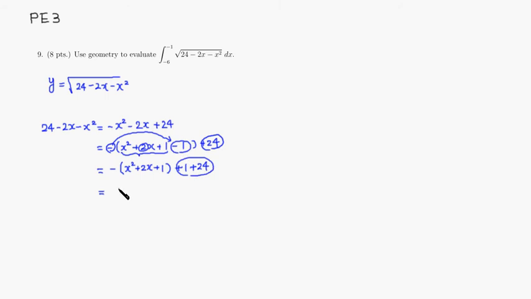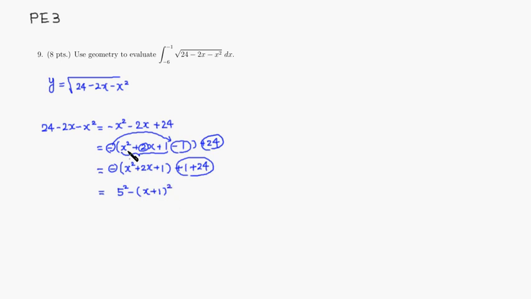So I'm going to write it as 5 squared. Then you have a minus, that's the negative sign. These three terms can be factored as quantity x plus 1 squared.